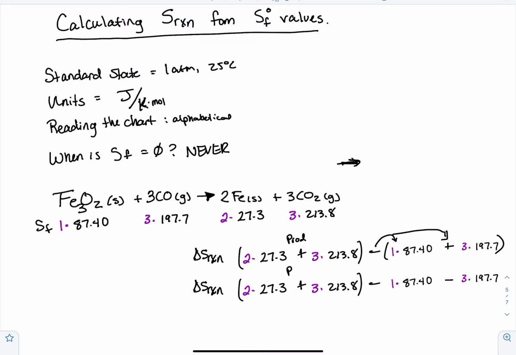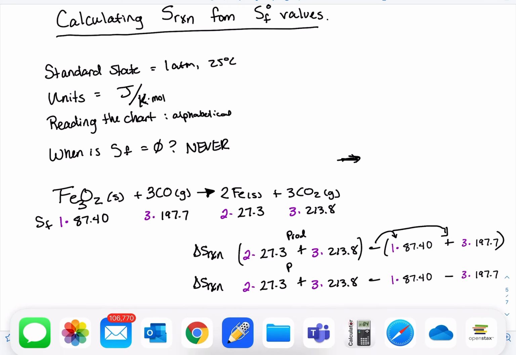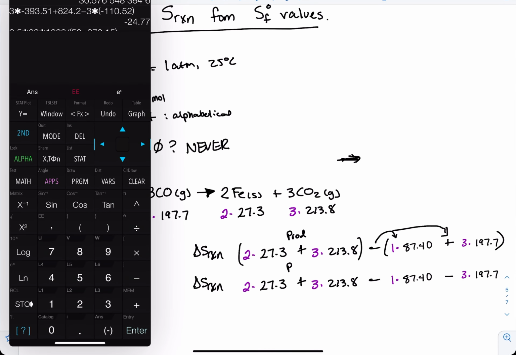So I'm going to put all of those numbers in the calculator. 2 times 27.3 plus 3 times 213.8 minus, and 1 is 87.40, minus 3 times 197.7. So if I look that all through again, double check your calculator, all those numbers, before you push enter. Make sure you don't drop something.